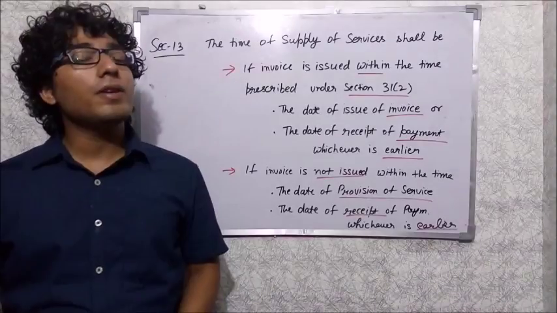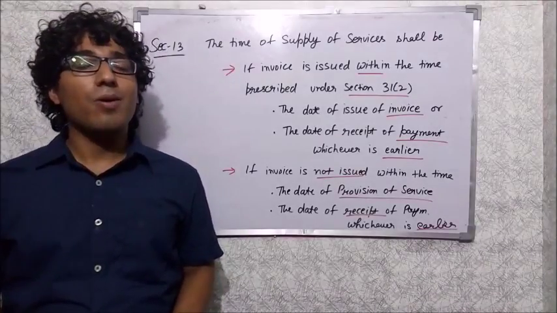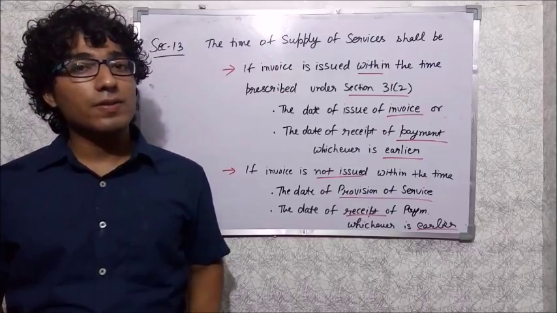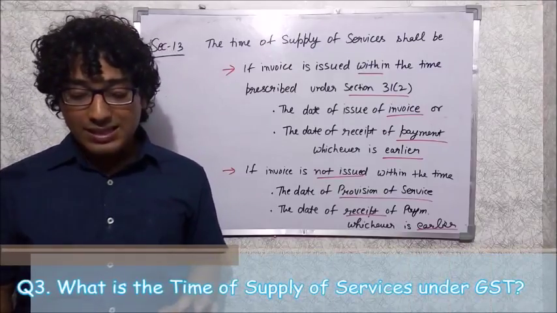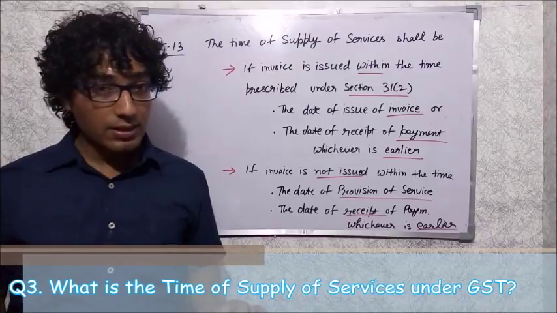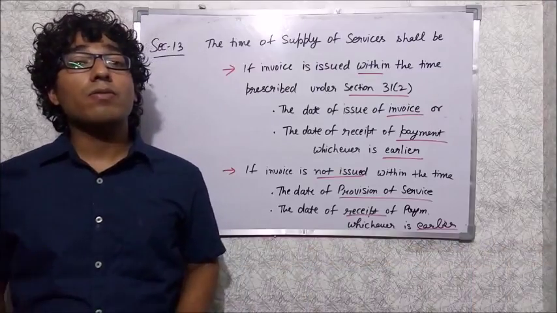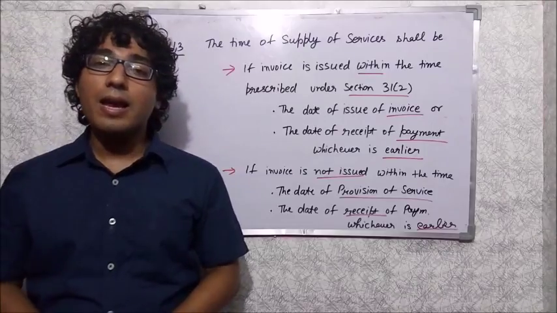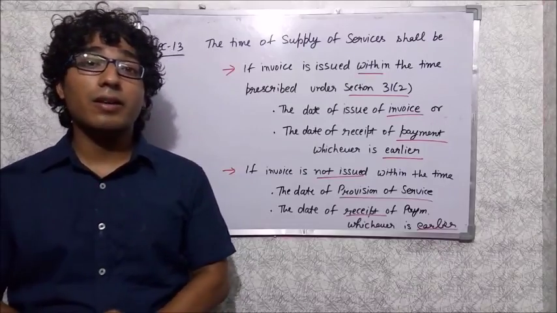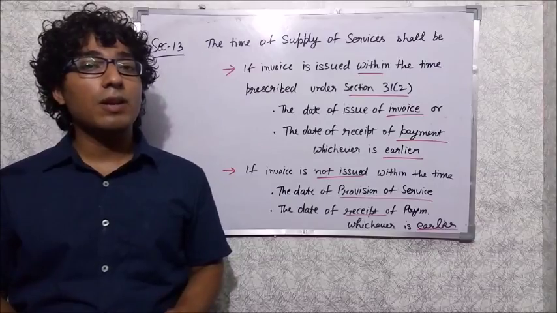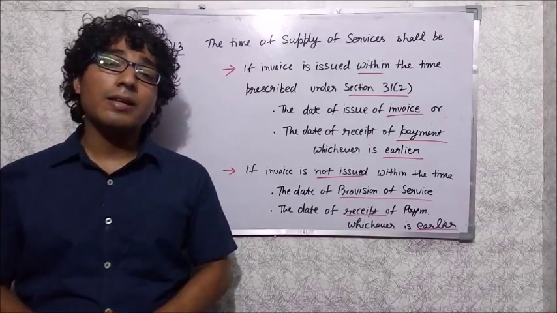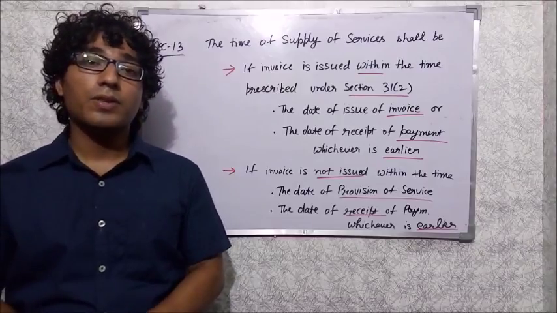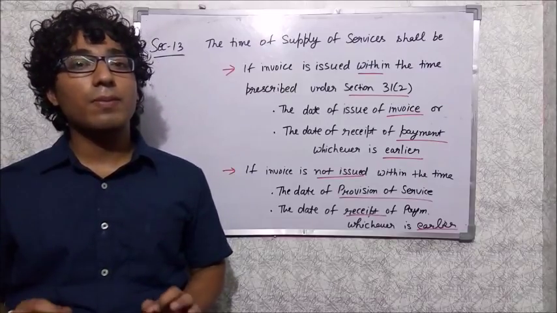The previous question was about the time of supply of goods, and this question is about the time of supply of service. The question is, what is the time of supply of service under GST? The time of supply of service under GST is given under section 13, and that section says that there are two situations in which the time of supply of services will be determined.